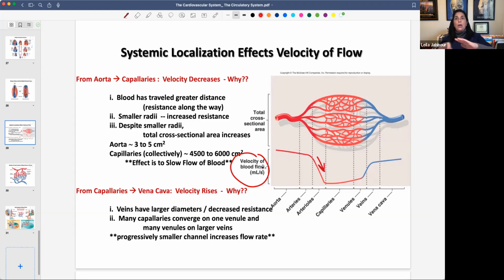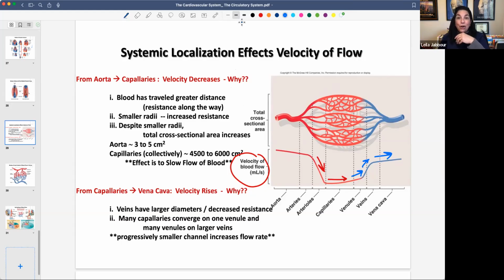The blood literally slows down in the capillaries. You have the time to exchange all the good stuff and get rid of all the bad stuff. And once it's in the venules, then we can pick up on speed and get back into the larger veins.